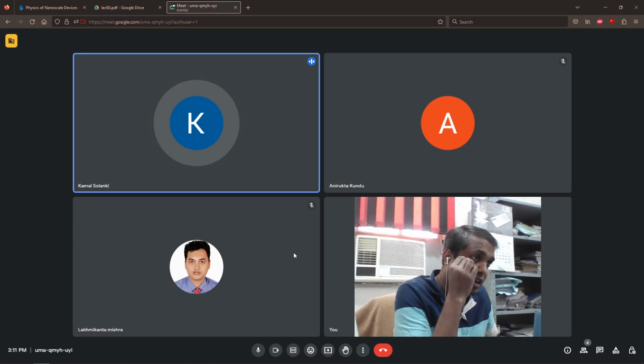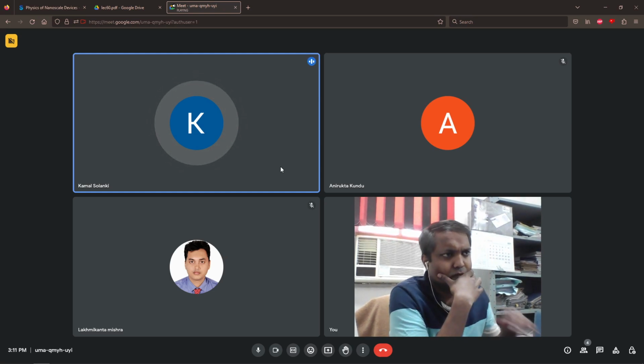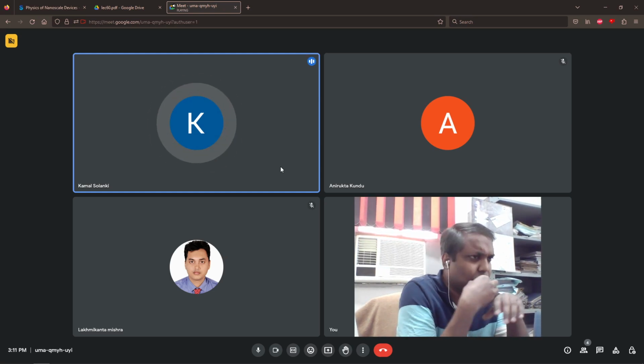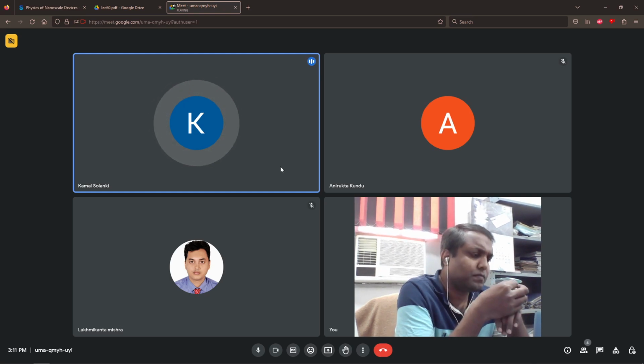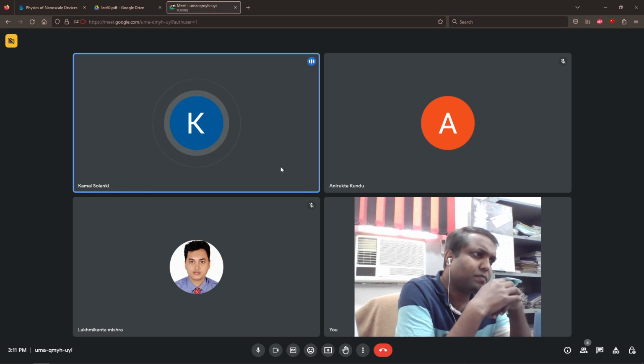Actually, this discussion is on some exchange correlation. Right now I'm using Quantum ESPRESSO. Generally, we do some simulation so that we have to give some exchange correlation functionals. We have various ones, but in most of the literature review, most of them are using LDA and most of them using GGA functional.